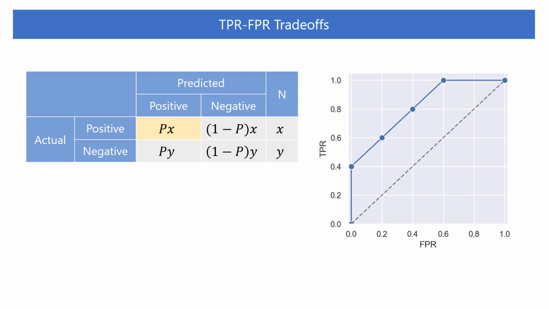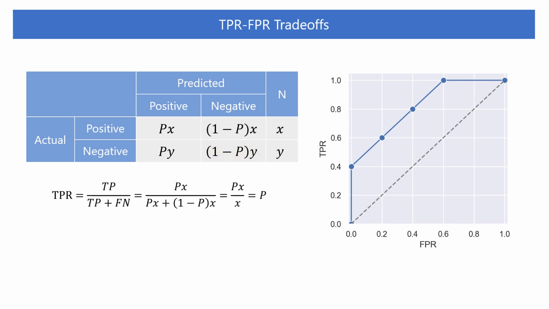Since the model predicts a sample to be positive randomly with probability P, the number of samples classified as positive among the actual positives is Px. And the number of samples classified as negative among the actual positives can be expressed as (1 minus P)x. Similarly, the number of samples classified as positive among actual negatives is Py. And the number of samples classified as negative is (1 minus P)y.